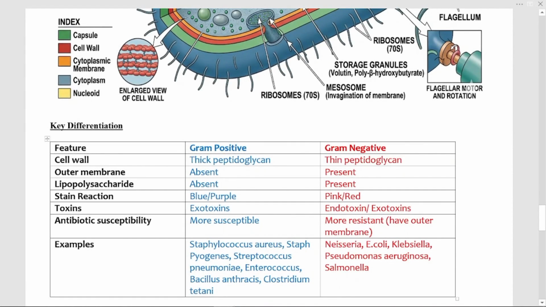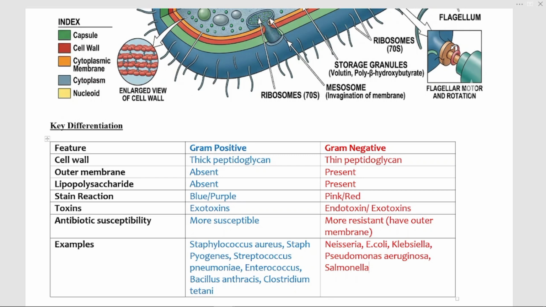In short, for you to understand antibiotics, you have to understand the microbiology of the bacteria, bacteriology. Number one, you have to understand the cell wall of the bacteria, which is majorly composed of peptidoglycan layers. You have to understand the cell membrane, and the outer membrane is only in the gram-negative bacteria.